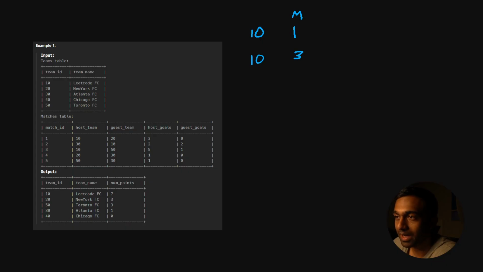So these are our matches. And then we would do another left join for our guest team, wherever our guest team is. So then we would get match 2, match 2.